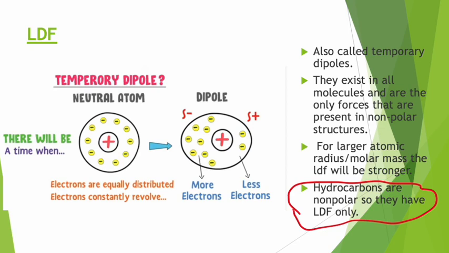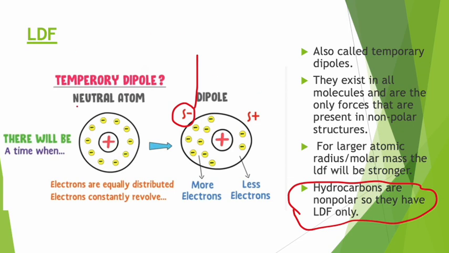The area where a lot of electrons are gathering is going to have a partially negative charge, and the other end, where there are fewer electrons, would have a partially positive charge. But then they would go back to normal again. This constant fluctuation in the dipoles is what allows these molecules to interact with one another.